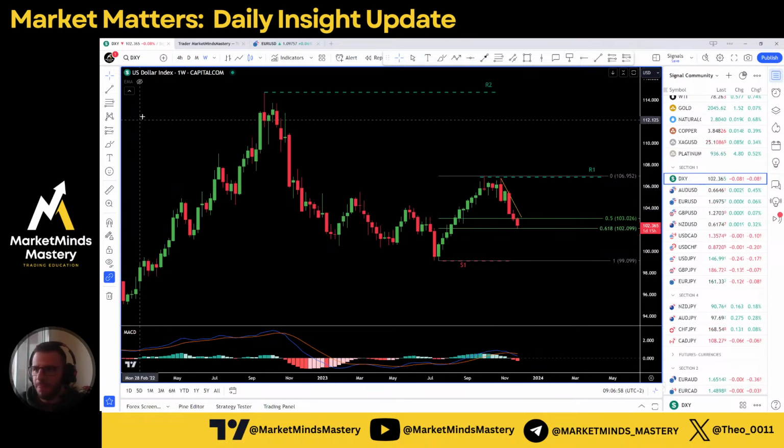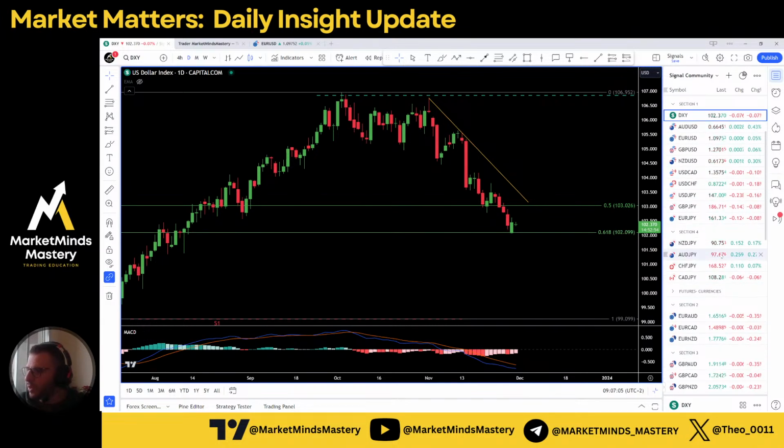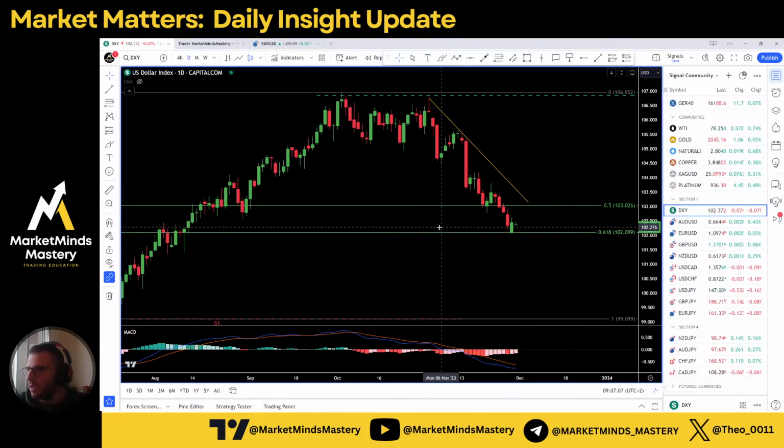I find that many traders, although they have a good understanding of what support and resistance is, and what lower lows and lower highs are, when it's time to apply this knowledge and actually trade the trends, it's a totally different story.